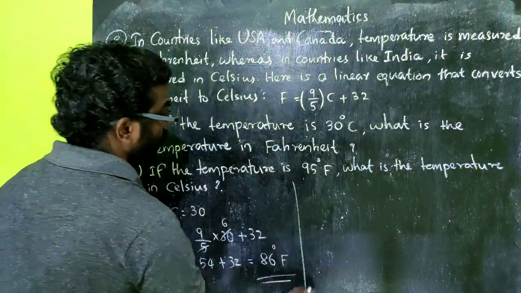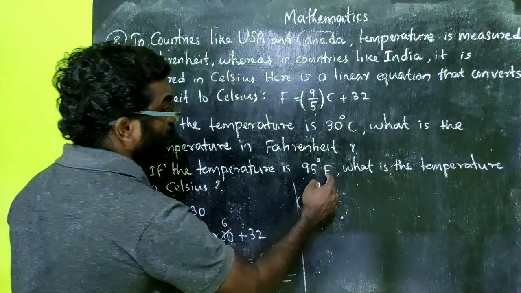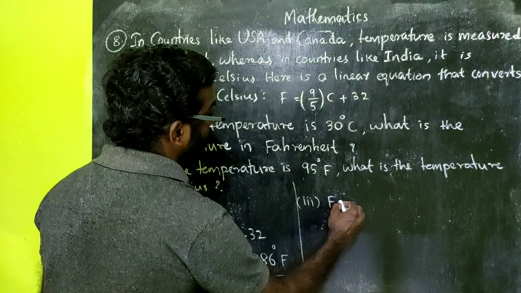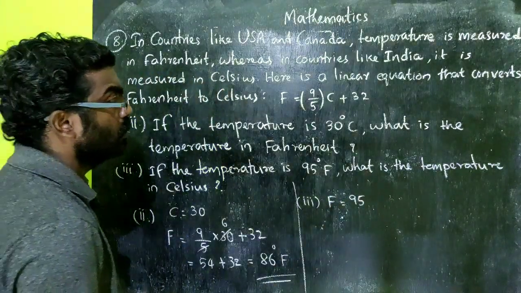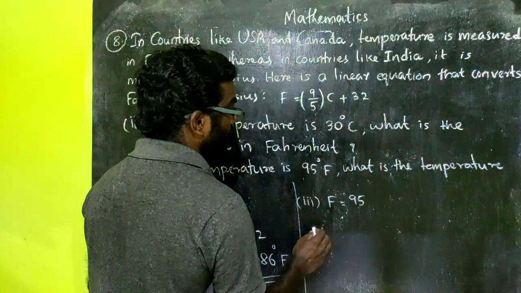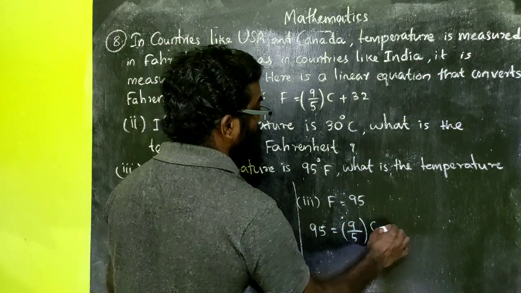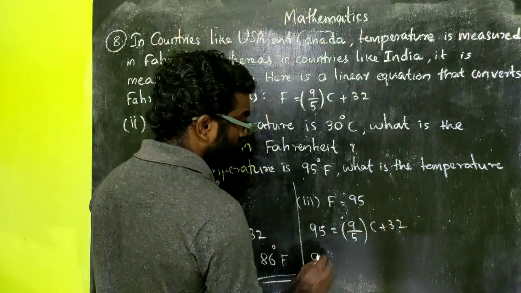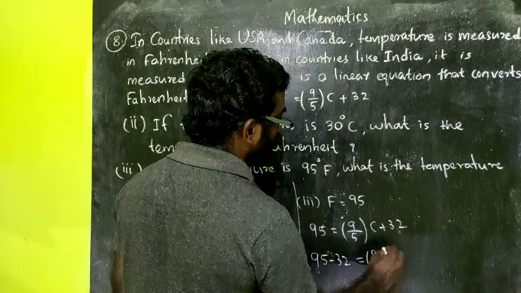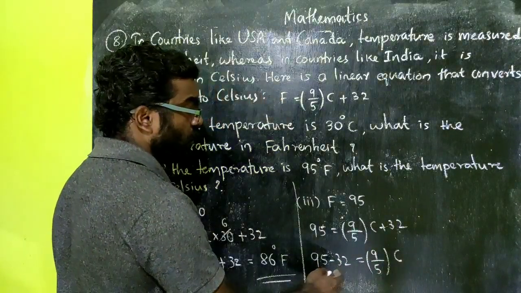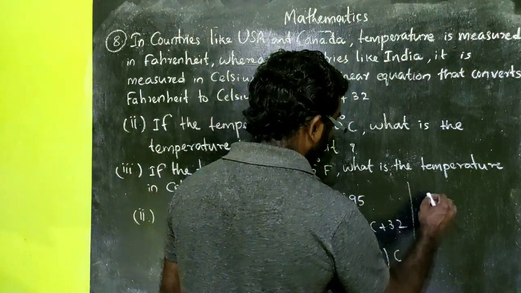Okay. And the third sub question is, if the temperature is 95 degrees Fahrenheit, so the F value is given as 95, what is the temperature in Celsius? So here we can replace the value: 95 equal to 9 by 5 C plus 32, or 95 minus 32 equal to 9 by 5 C. 95 minus 32 is 63.